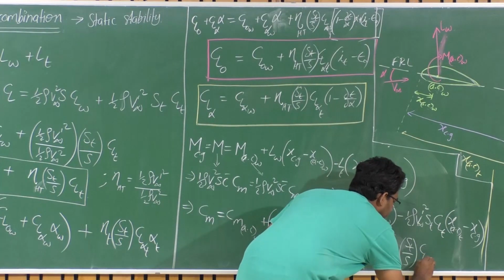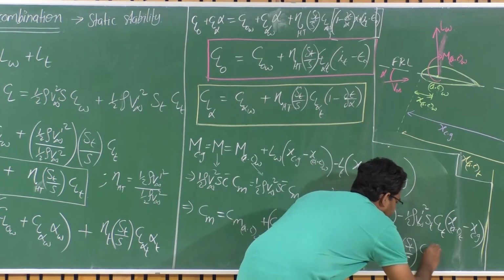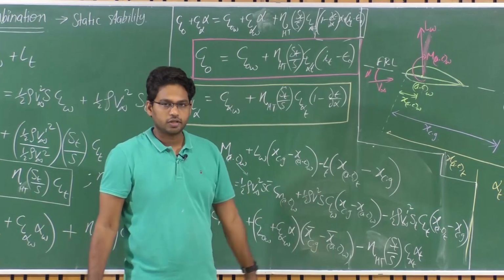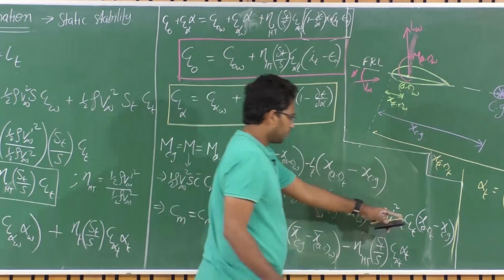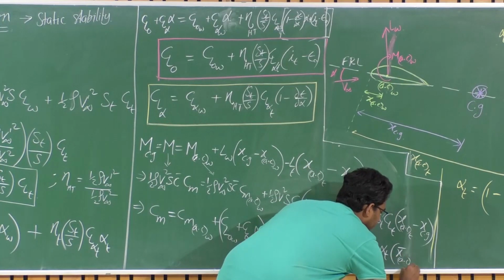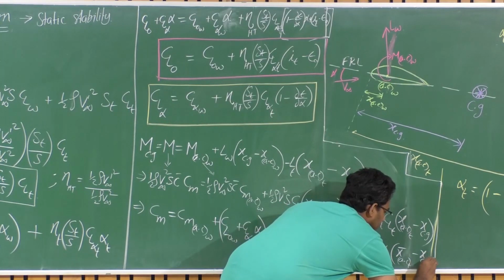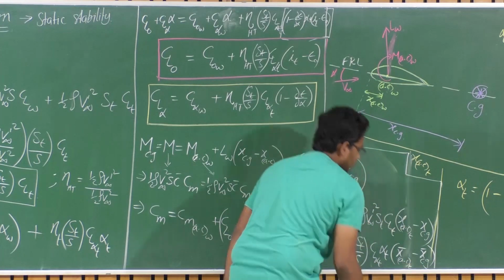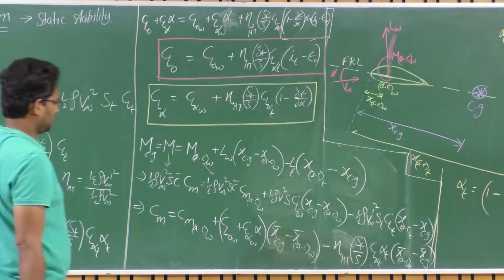So CL of tail is CL alpha of tail times alpha at the tail, right? Because it's a symmetric airfoil, CL naught of the tail is 0. Multiplied by the moment arm x bar AC of tail minus x bar CG. So this is x bar AC of tail.